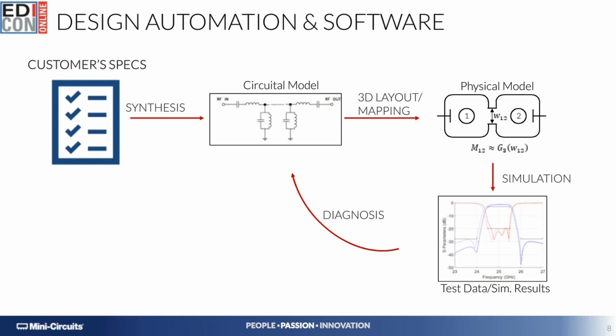Then we iterate on this cycle, on the circuit model generation, 3D layout mapping, simulation and diagnosis, in a loop on an automated basis, calling up routines through Python scripting and MATLAB. The algorithms regarding tuning are linked with the simulation software and automatically modify the parameters to achieve the desired performance.